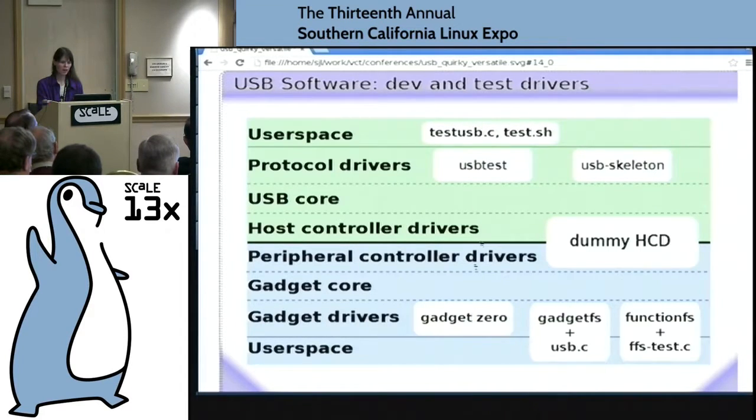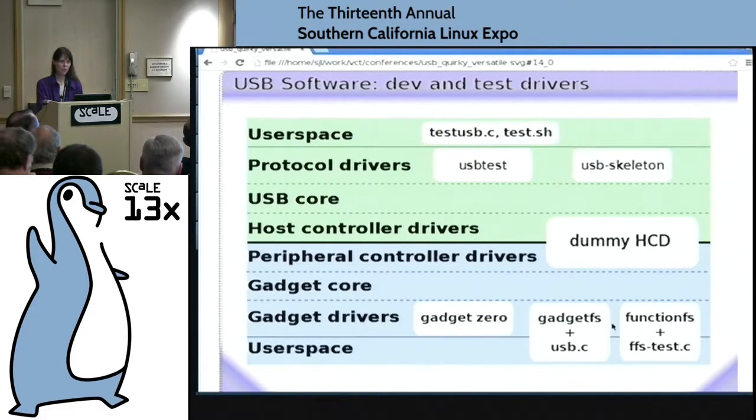In addition to Gadget 0, there are other counterparts on the target side that implement the same protocol. In the old days, there was gadgetFS and USB.C, which is hosted again on linuxusb.org.